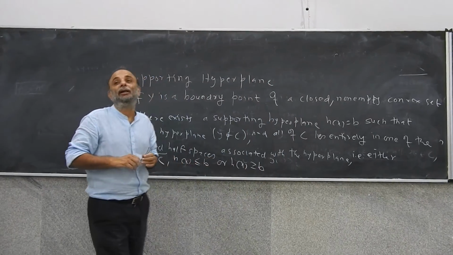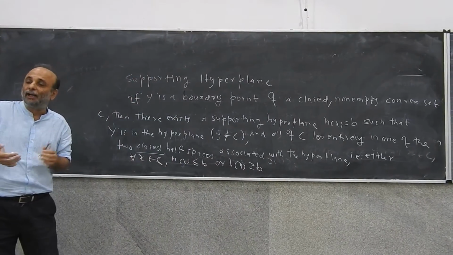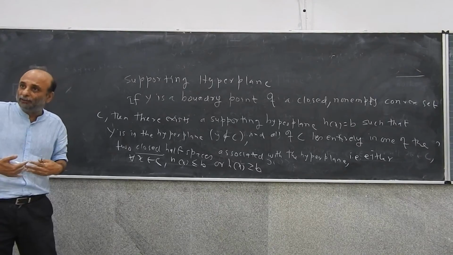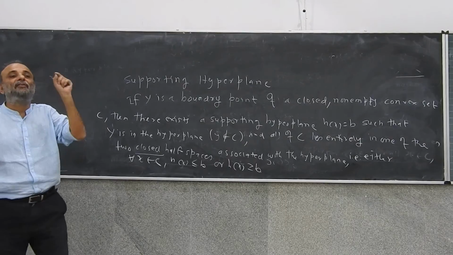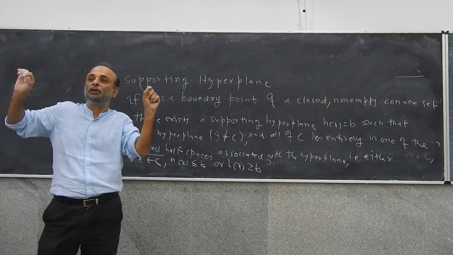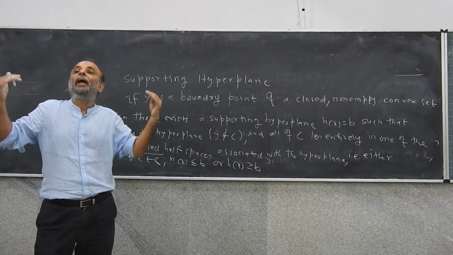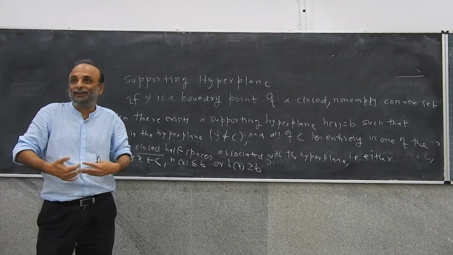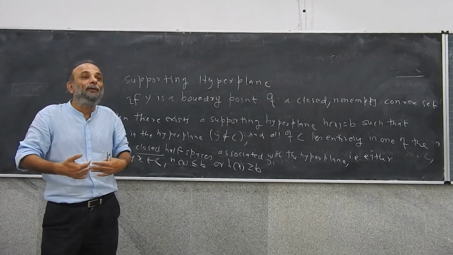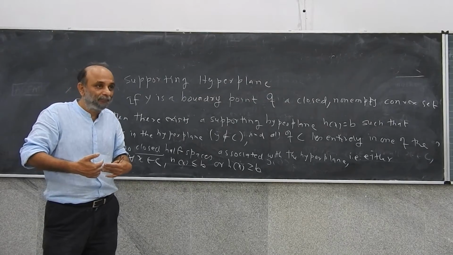All consumption bundles in S are preferred to the consumption bundle X. That is the definition. So it says if x1 and y1 are two consumption bundles which are preferred to x, any linear combination of x1 and y1 will also be preferred to x. That is the convexity of preferences idea.